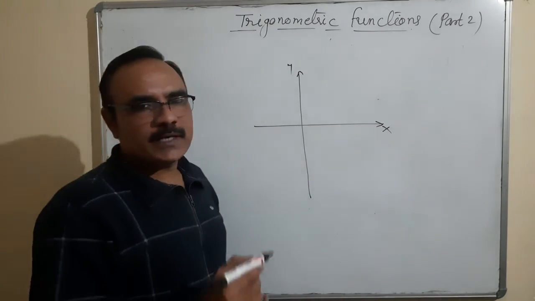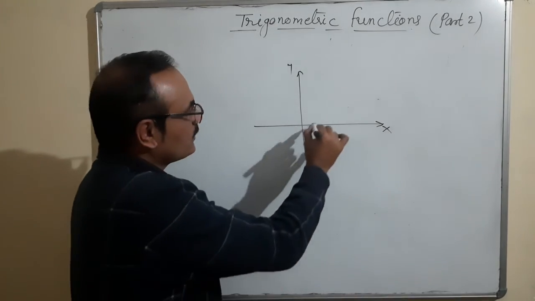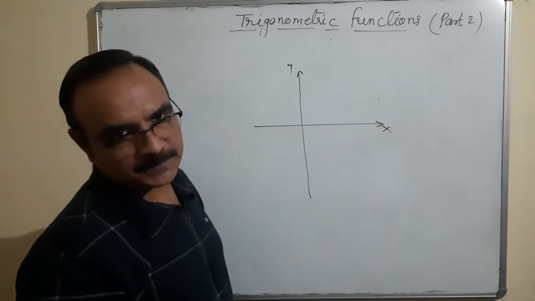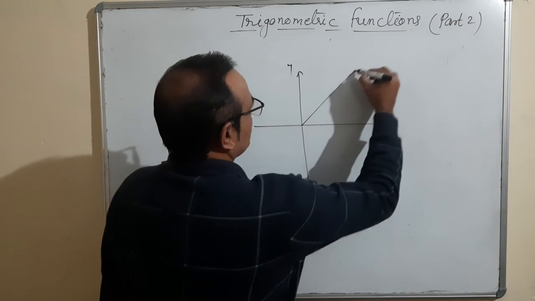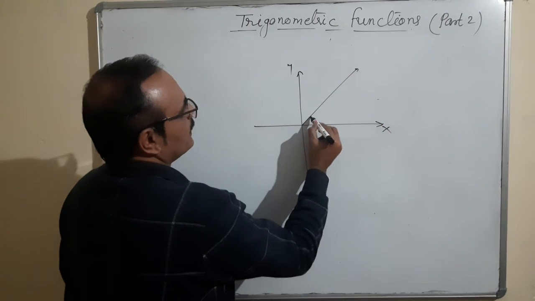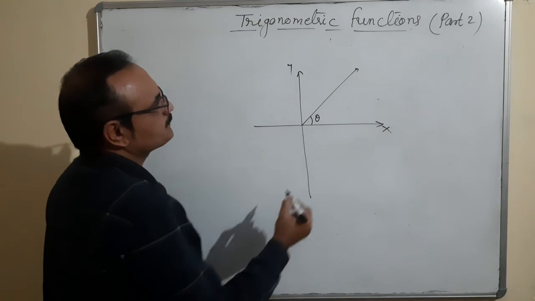As I told you, in the anti-clockwise direction, theta is always positive, but in the clockwise direction, theta is negative. Suppose this is the situation of a ray making an angle theta.